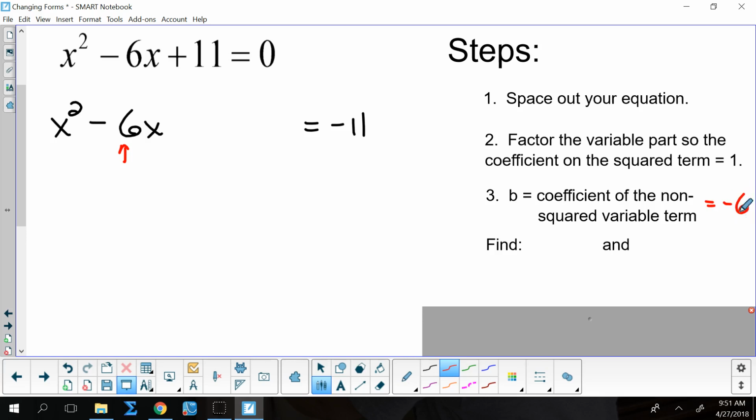What I need to find then is b over 2, and b over 2 squared. So negative 6 is b. What's negative 6 divided by 2? Negative 3. And what's negative 3 squared? 9.